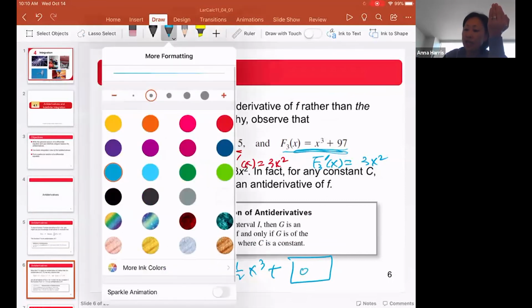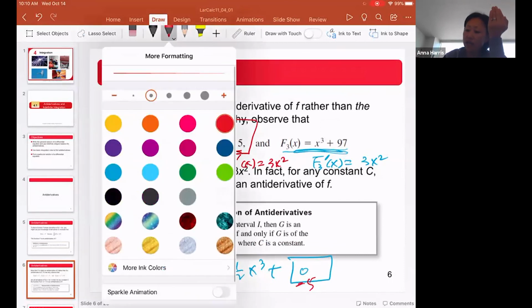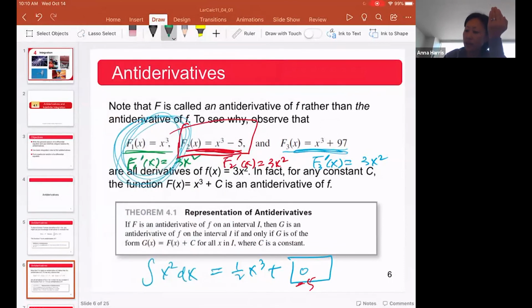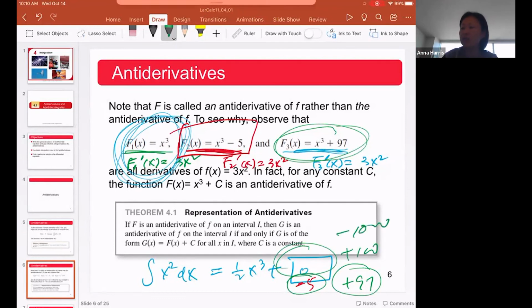But in the second case, the constant should be -5. In this case, the constant should be +97. So I don't know what to put in here, 0 or -5 or +97 or +100 or -1000. I have no idea. So what do you need to do?